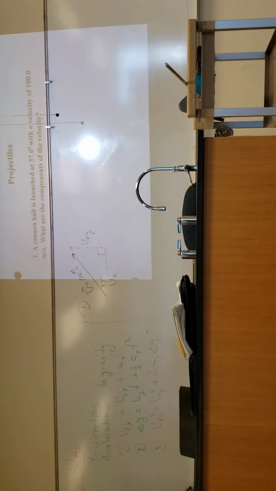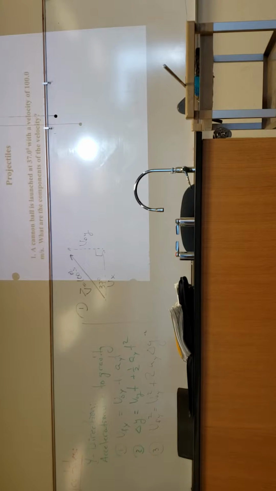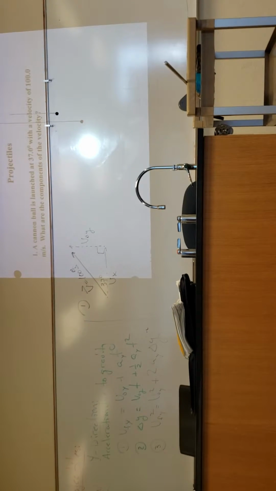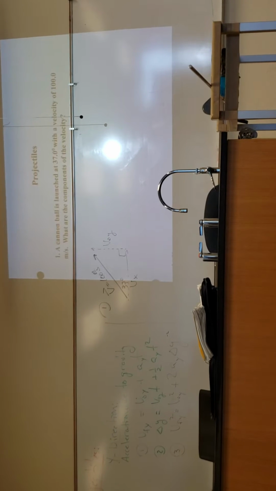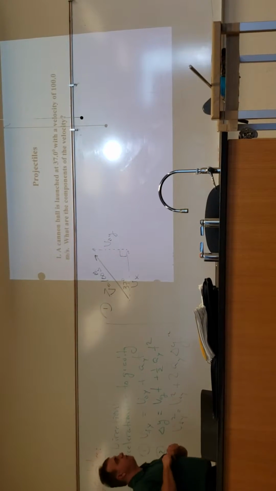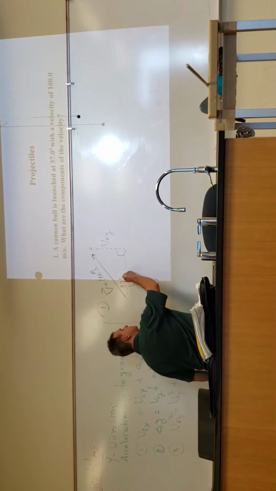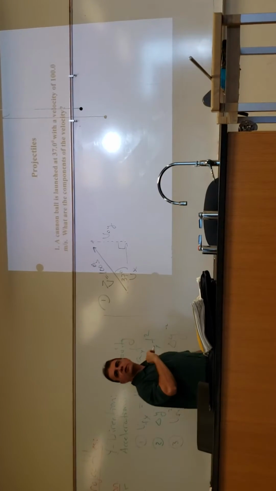The up and down needs to be initial because that's the one that changes by 10 every single second. It should only take a minute or two to run to your calculator, use sines and cosines to figure out these two components, and that should be that.